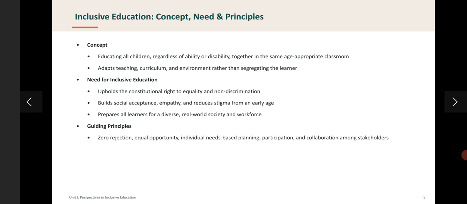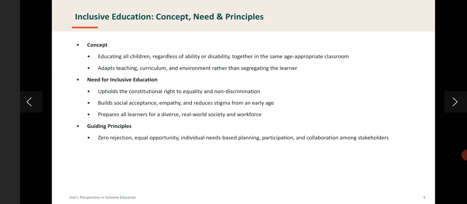So, inclusive education. The concept of inclusion was conceived in 1948 with the declaration adopted by the UN General Assembly on the International Bill of Rights. So during 1948, in the International Bill of Rights only, this inclusive term was raised.